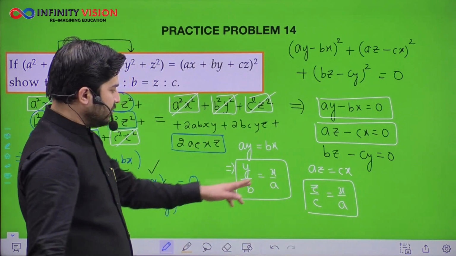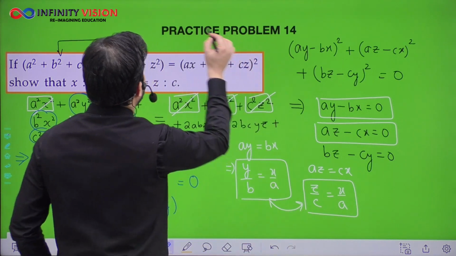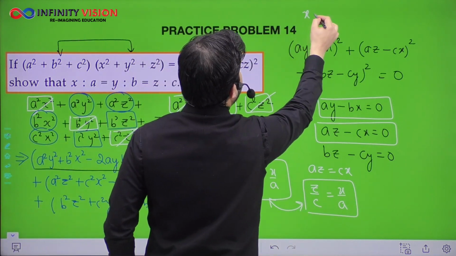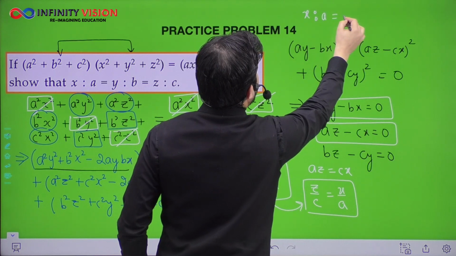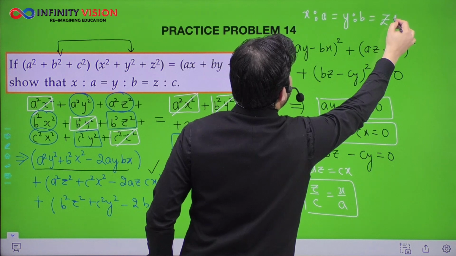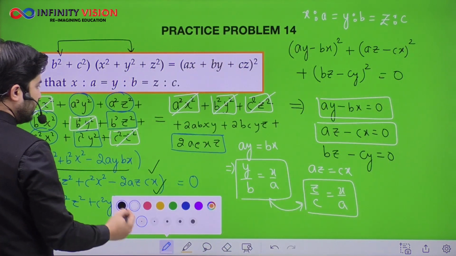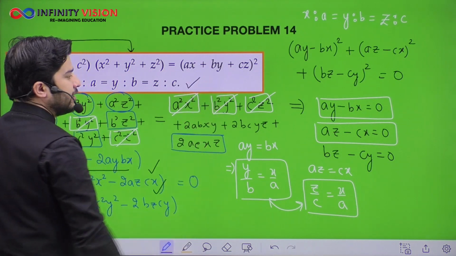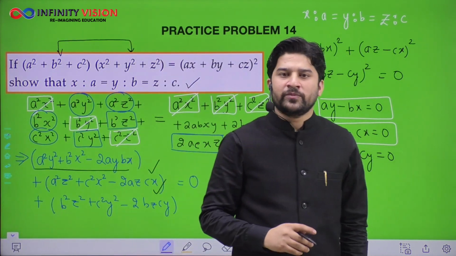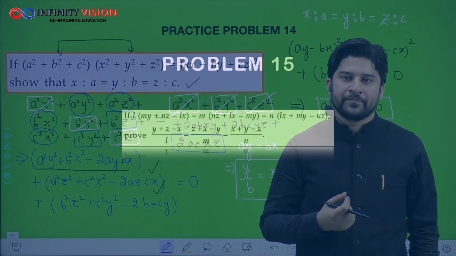So by looking at these two equations, I can say that x is to a would be equal to y is to b would be equal to z is to c, and that is what we had to prove, and hence we have been able to prove this idea. So it was a very simple problem, you just needed a little idea about how symmetry works.